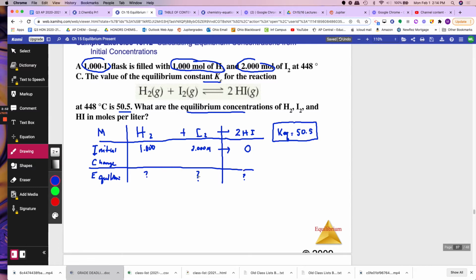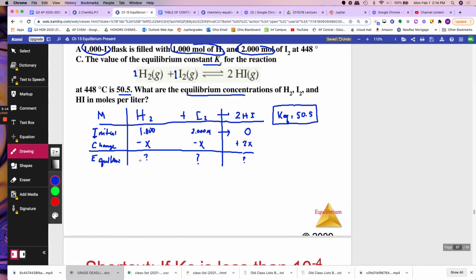What are the actual amounts? So the change will be what you use. There's a 1 right here, so therefore you will use minus 1 mole of X. There's a 1 here, you're going to use minus 1 mole of whatever that X is. And then over here, you're going to make 2 of whatever that value is, plus 2X. Okay, so in the end, you're going to have 1 minus X. Let me erase these numbers.